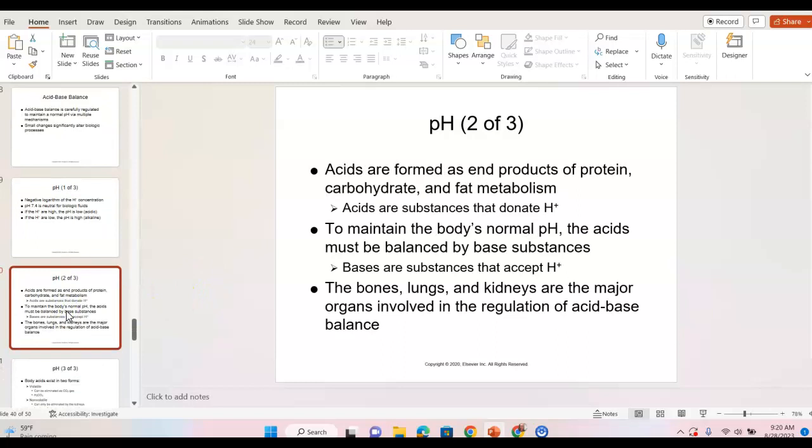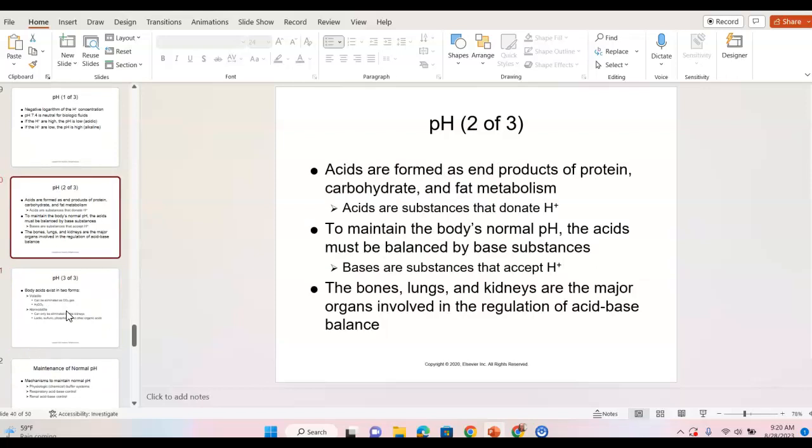So acids are formed also at the end products of protein, carbon, fat metabolism. That's going to be released primarily as hydrogen ions, okay? Just think of hydrogen as being acidic. So to maintain that normal pH, those acids have to be balanced.